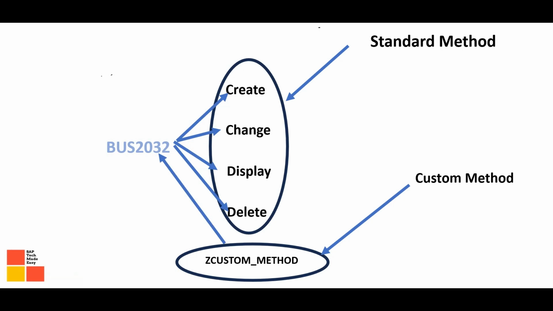Under inheritance, you will not be able to call the custom method from the standard business object. If you want to call the custom method, then we have to use the subtype, the child type, and from there you can call.